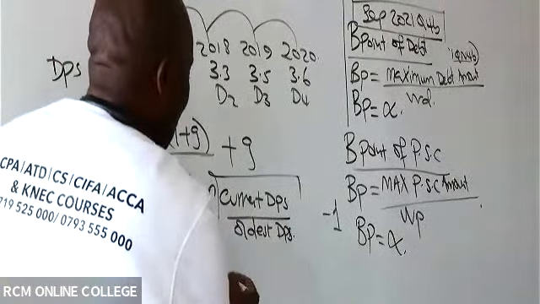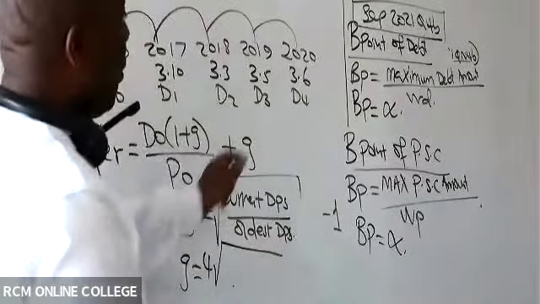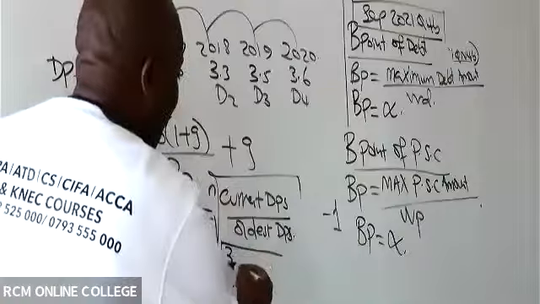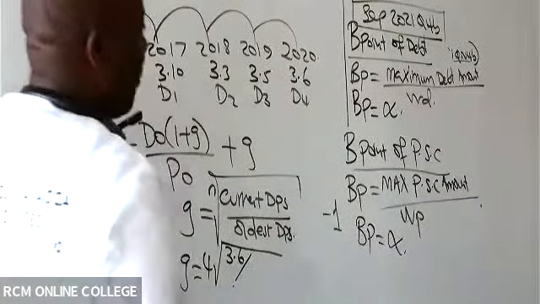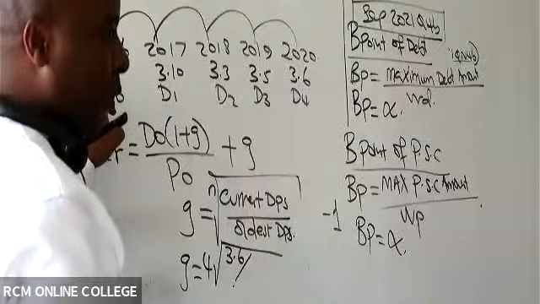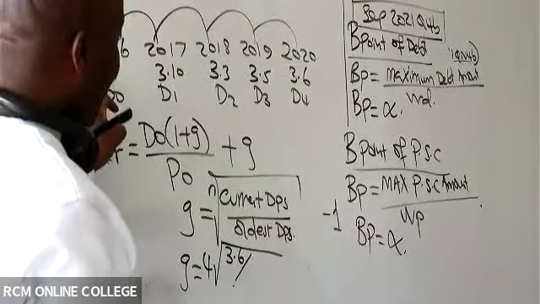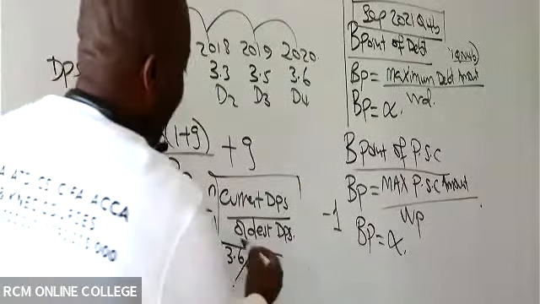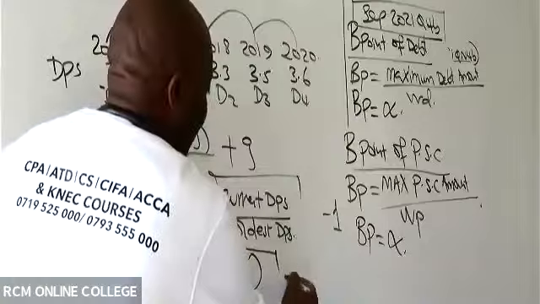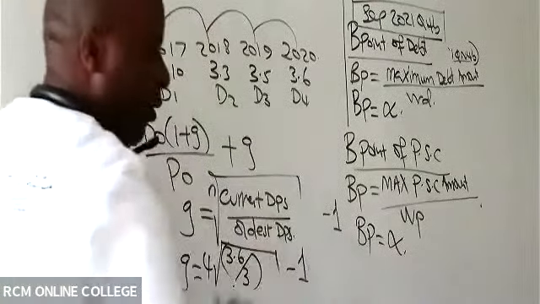So we have the fourth root of the most current dividend, which is 3.6, divided by the oldest dividend, which is what here, somebody? Which is 3, isn't it? The oldest dividend is 3. And then whatever answer we get, we say minus 1.